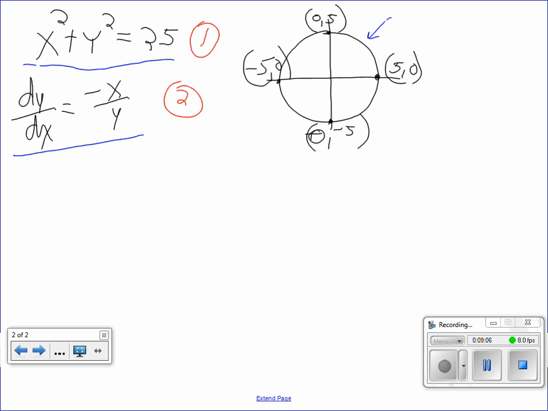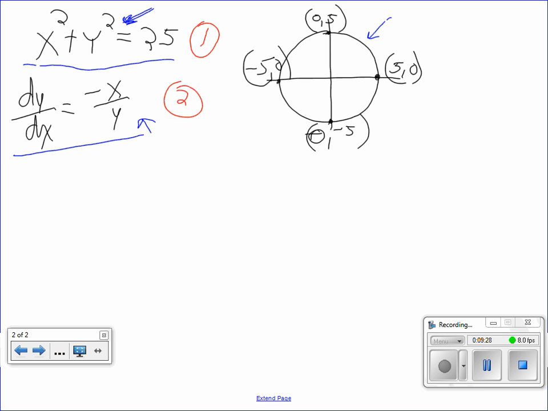So notice, the derivative is now a function of x and y. This equation determining the derivative is only good for xy pairs that are on this curve, okay?